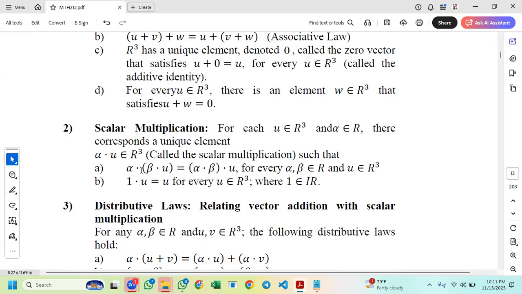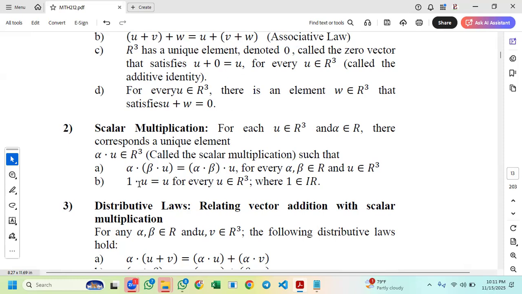Yes, it is similar to it. Associative: for every alpha, beta belonging to the real numbers and u belonging to the real numbers raised to the power of 3. I think this 3 that they are putting on it signifies space, because we are dealing with vector space and not just vector.